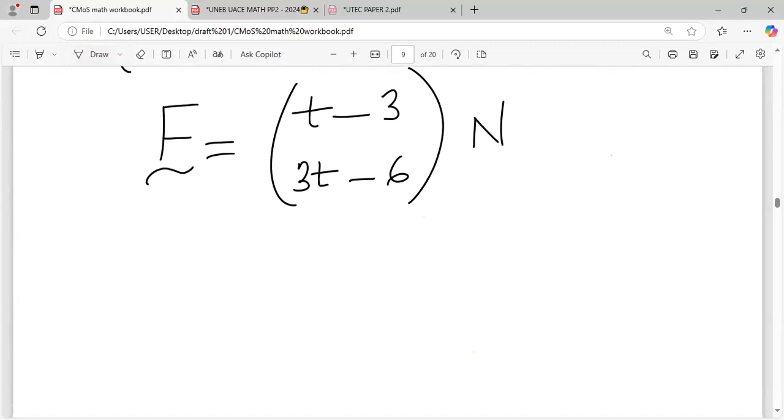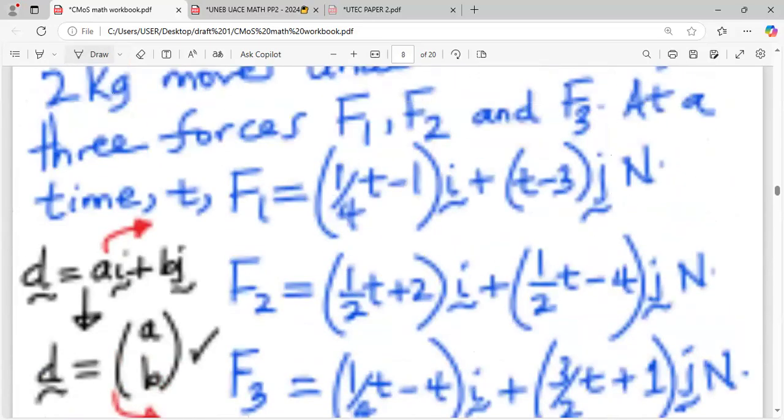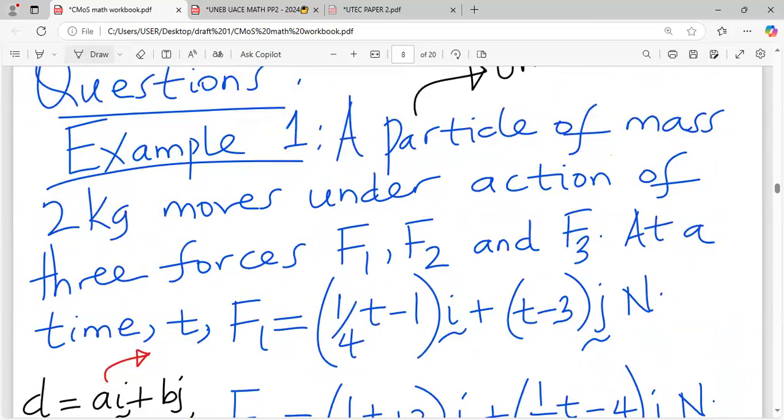So I'll say that the acceleration I'm looking for is actually the force over the mass. According to the question, the mass was 2 kilograms. And in paper 2 we always use kilograms.